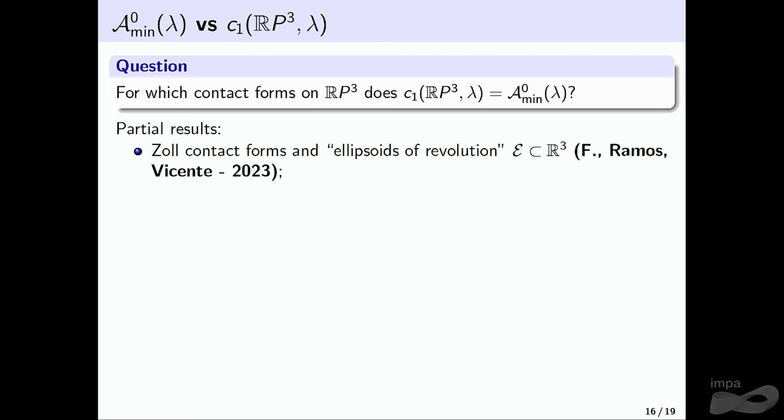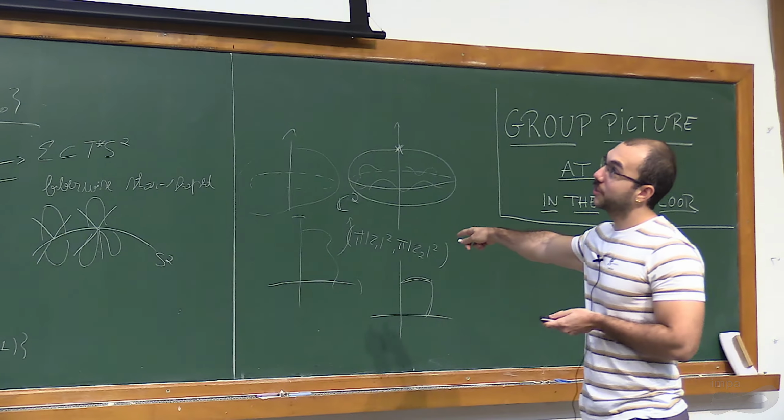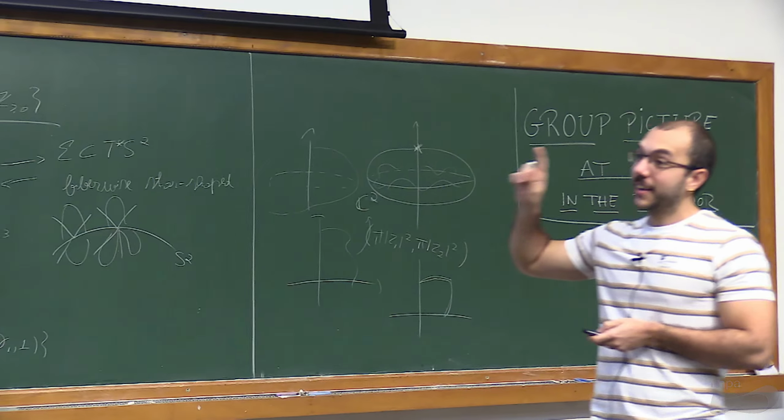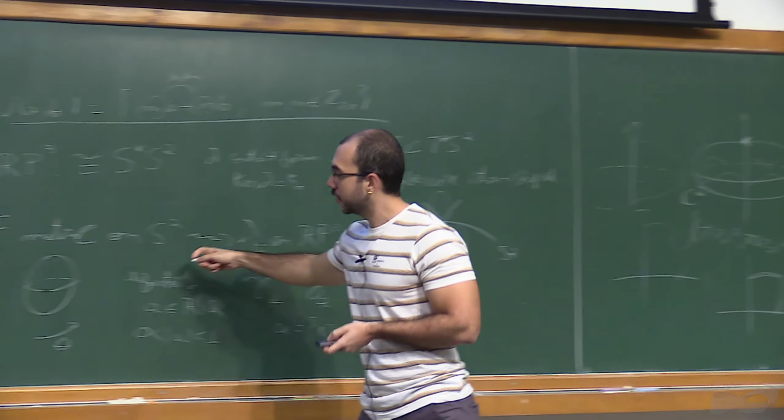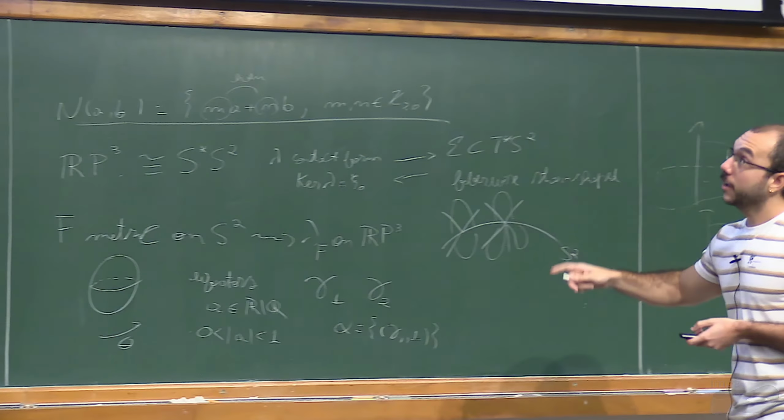So we've seen that in Zoll contact forms it holds, and for ellipsoids of revolution, in the paper that we proved this. You can also check this. And in my example of Katok-Finsler metrics that we just described, it also happens.